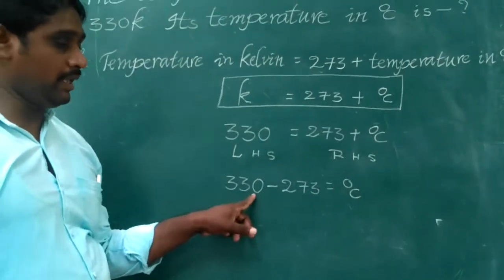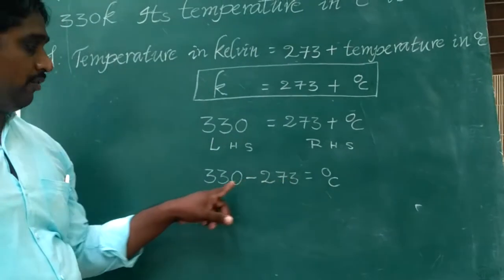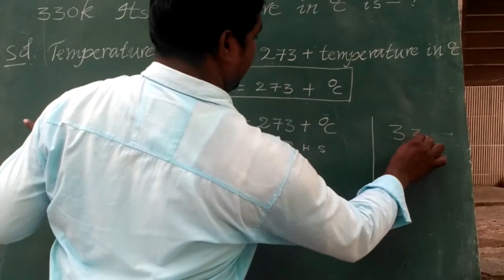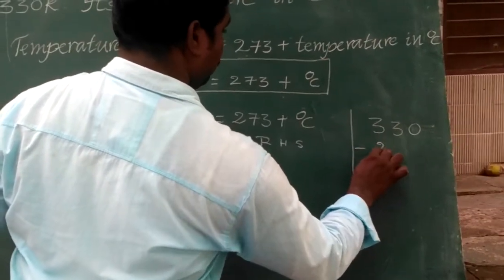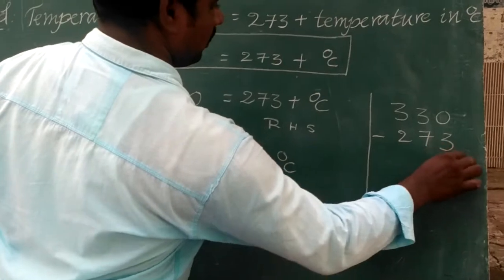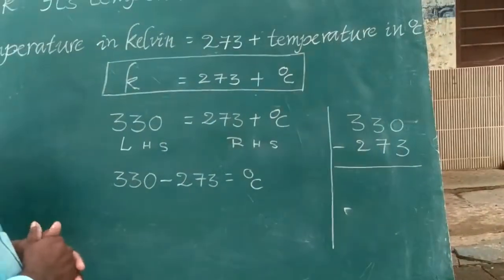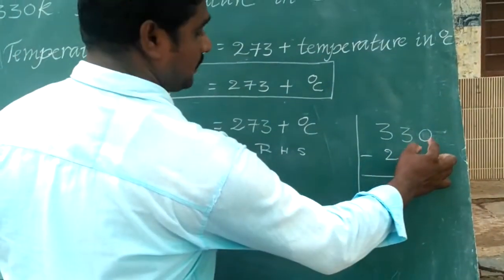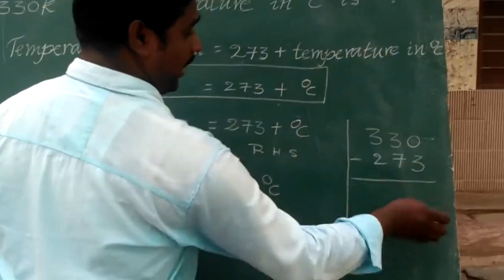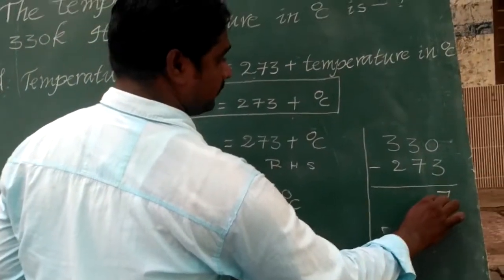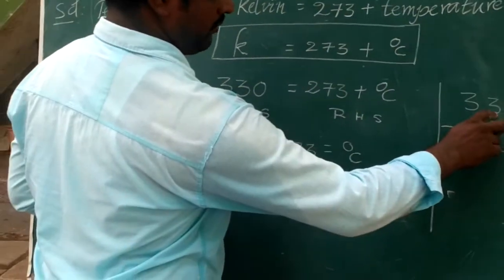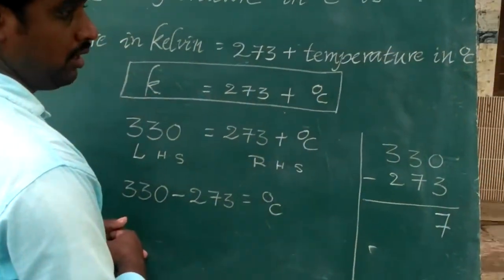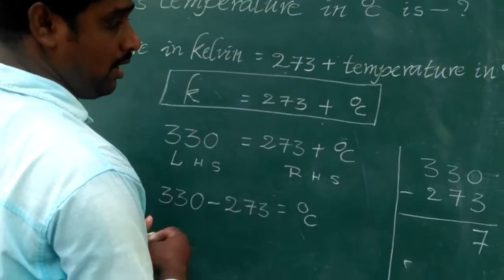Now we subtract the value of 273 from 330. That is, you have to subtract 273 from 330. Subtracting 3 from 10, we get the answer 7. Okay friends, then 12, we have to subtract 7 from 12, and we get the answer 5.